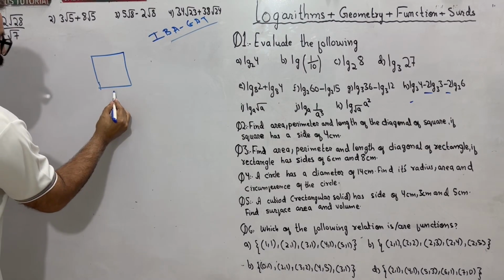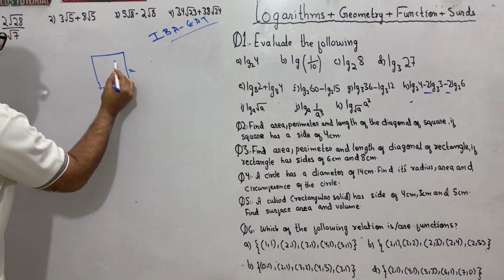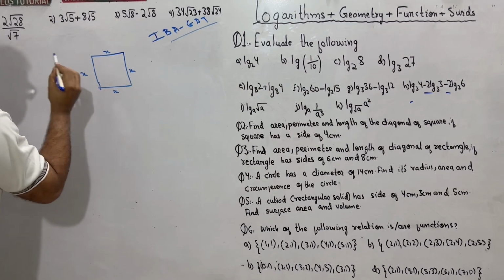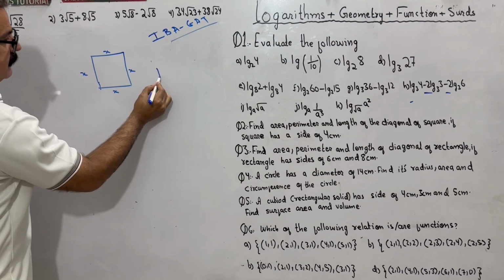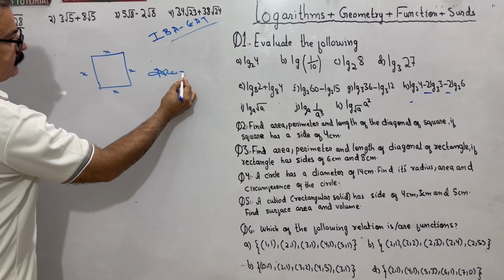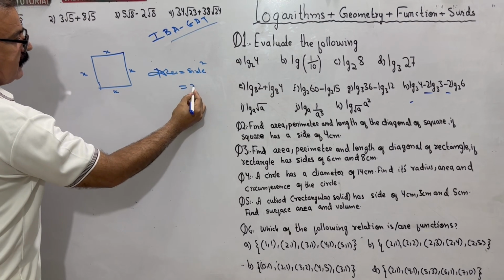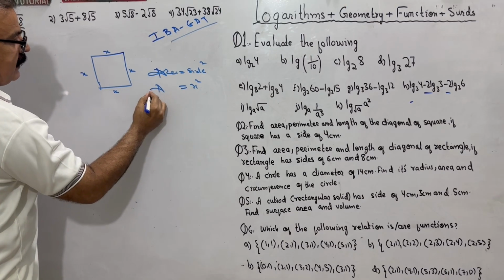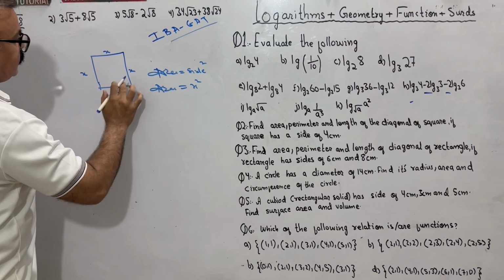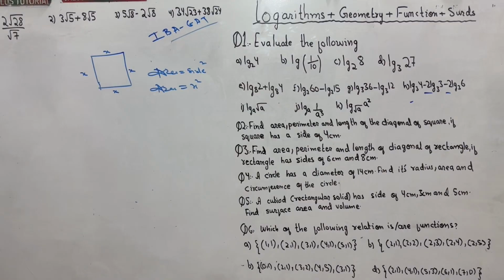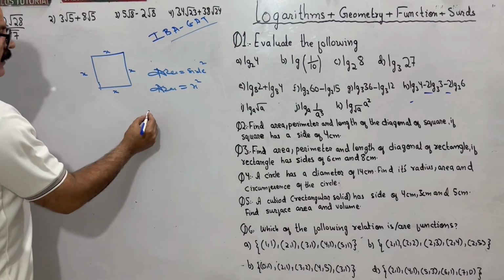Square means all sides equal. Suppose each side is x. Area of square is side squared, which means x squared. In case of a square, each side is equal to x. That's the formula for area. What about perimeter?